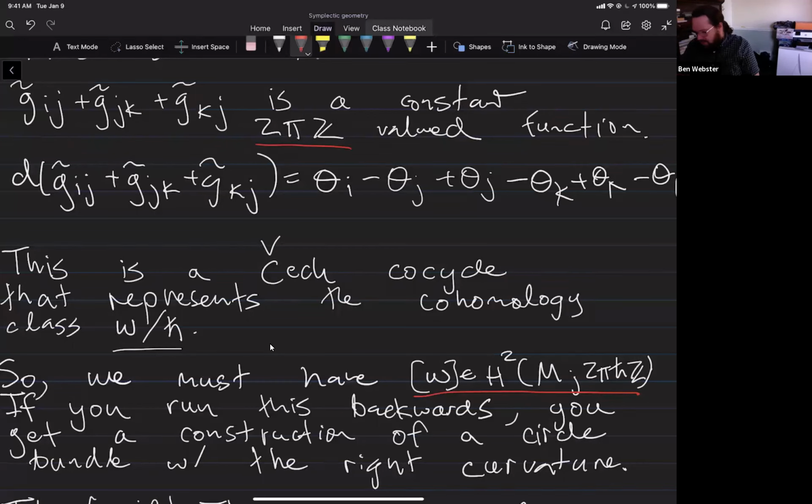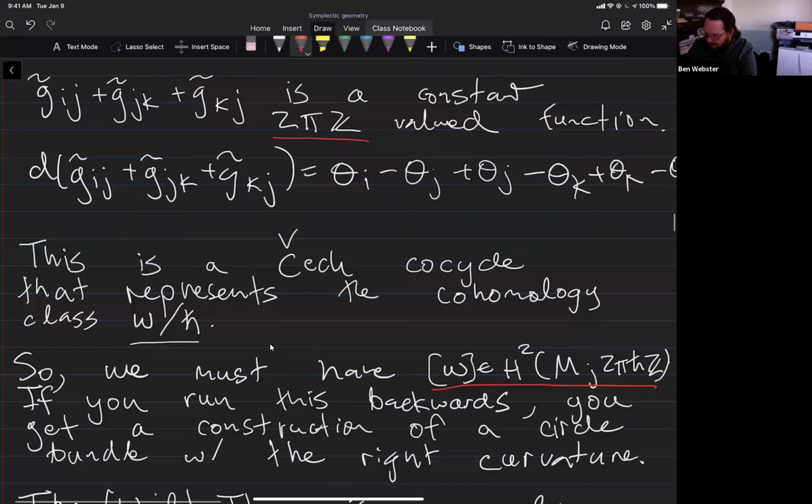But when I think about it this Čech way, I can see this property I need. I need that the class of omega is 2πħZ. And again, I'm warning you that if you read this in different sources, you'll see factors of i show up because they didn't absorb it into their isomorphism, etc.